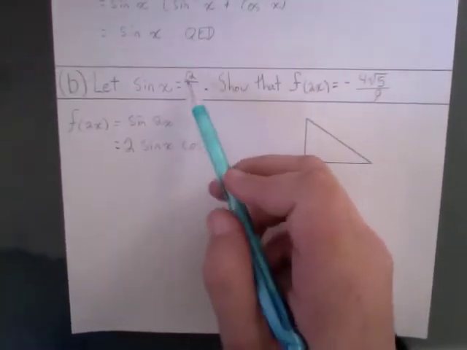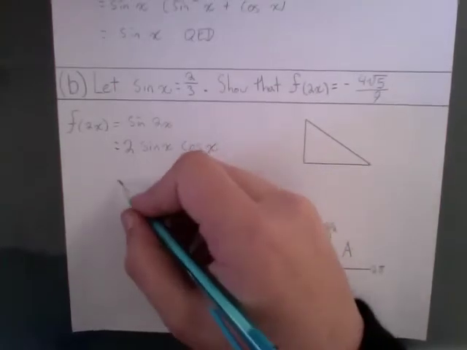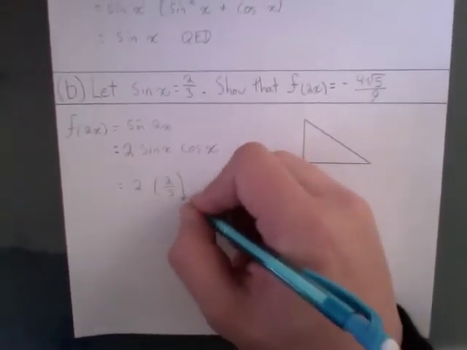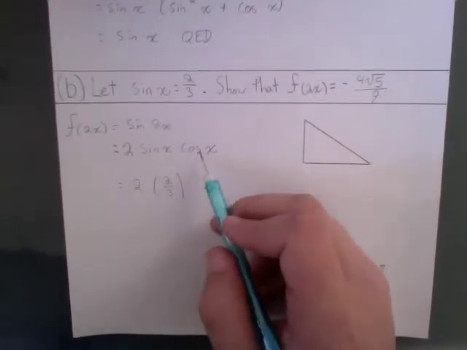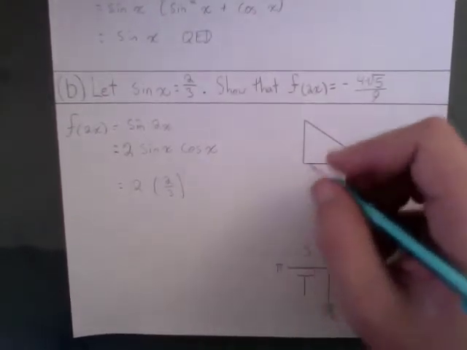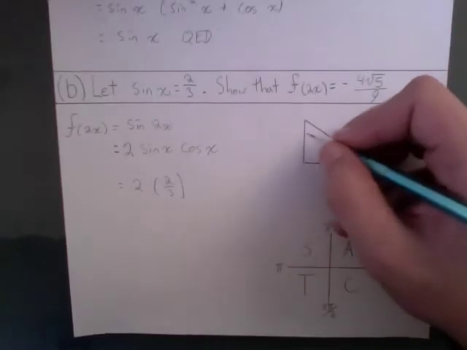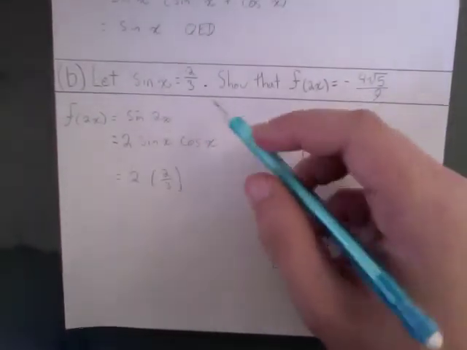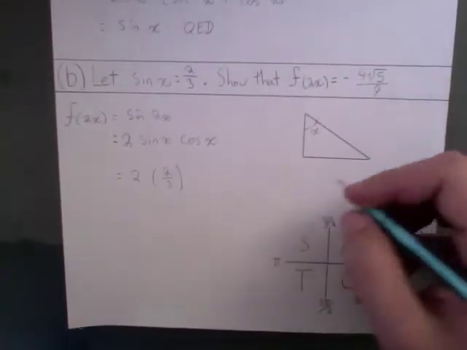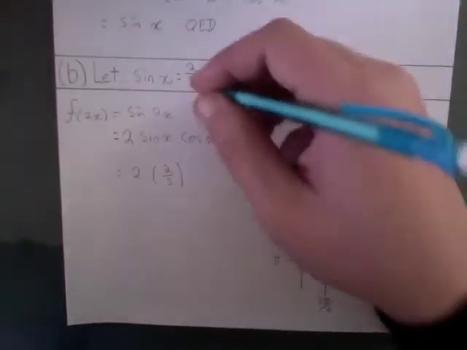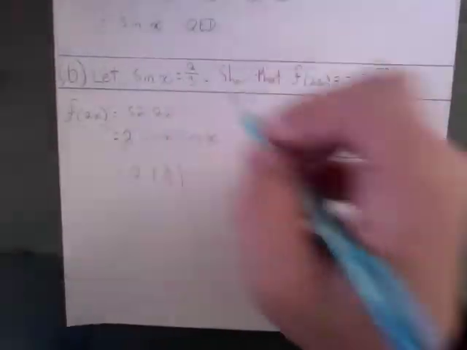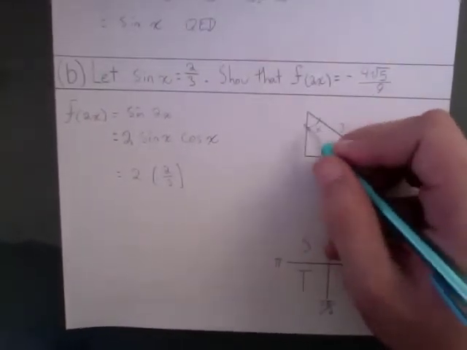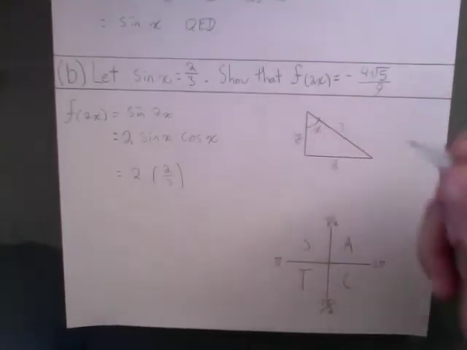In the question, they've given us the value for sine x, so we have 2 times 2 over 3, but we need to find the value of cosine x. So all we have to do is go over to this little right triangle. We'll call this angle x, and we know that sine is opposite over hypotenuse, so 2 over 3, it's given in the question. Using Pythagoras' theorem, we can solve for this side, let's just call it y for now.